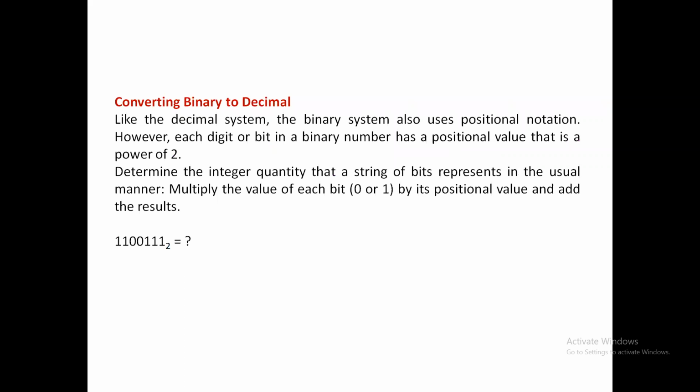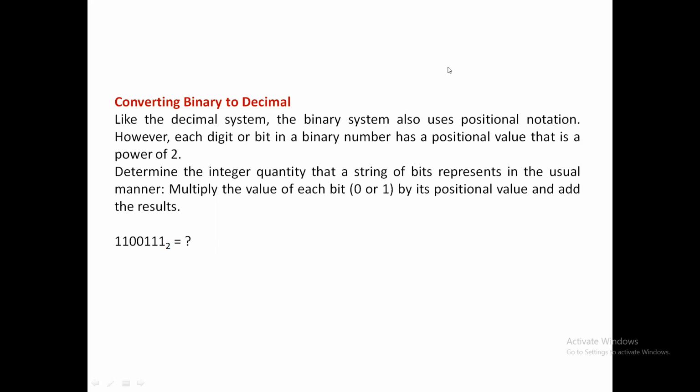Now, with the fundamentals we learned till now, let us start the conversion process. How do we convert a binary number into decimal number? The decimal number is represented as base 10, binary number is represented as base 2.